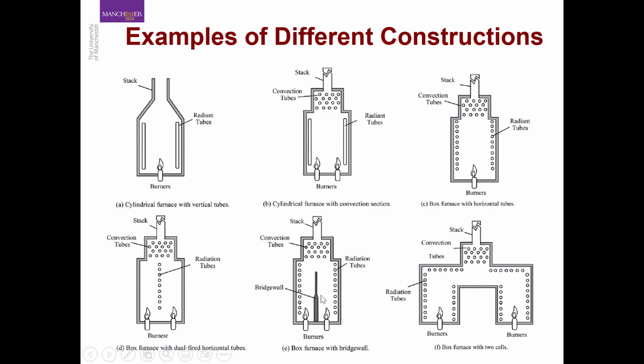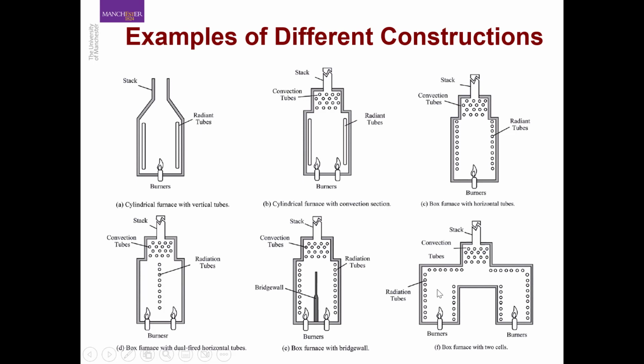And now in this case here you have a middle refractory bridge wall that is separating the two flames, and as such you have smaller chambers inside a bigger furnace. And in part F, you have physically divided the whole furnace into two chambers or cells.